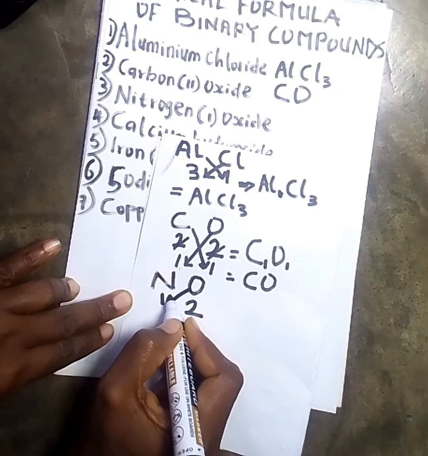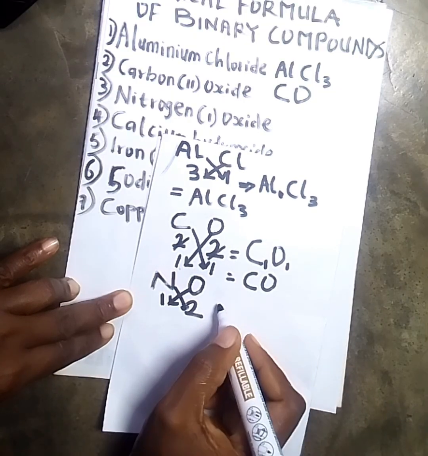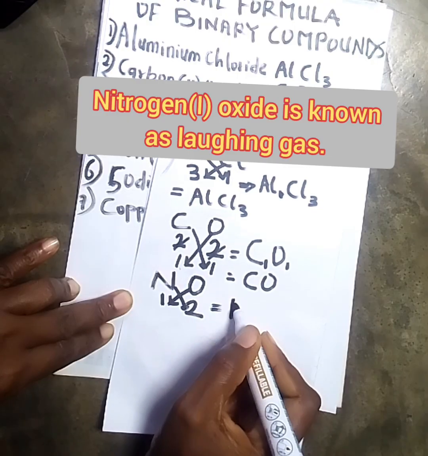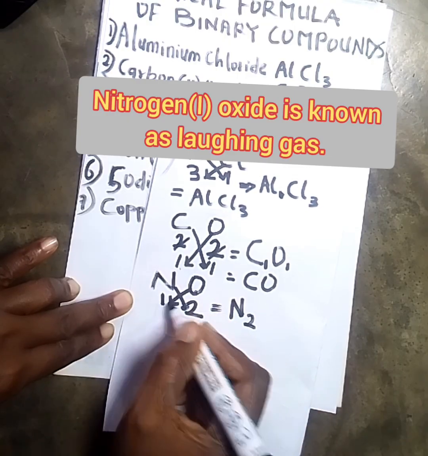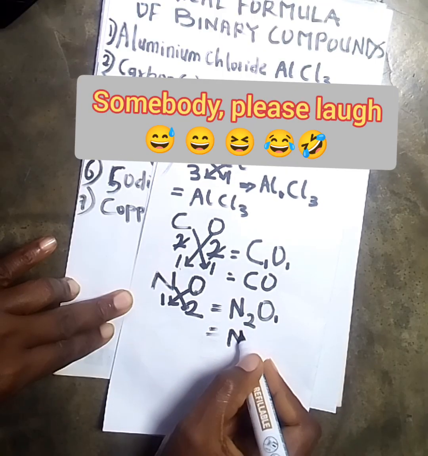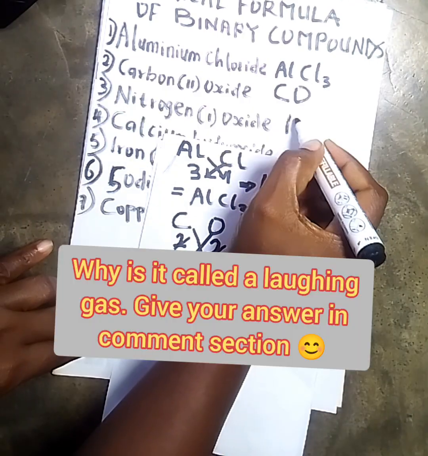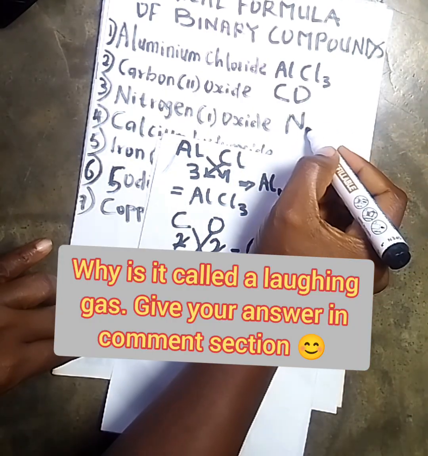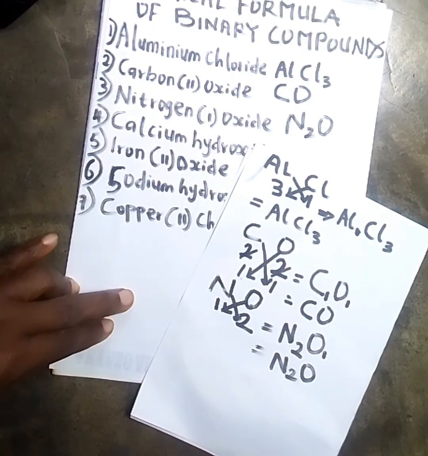So I will exchange the valency and then I will have N2O1. Okay, so it's same as N2O. So this is the formula for nitrogen 1 oxide, okay? Good. So let's go back to the other one.